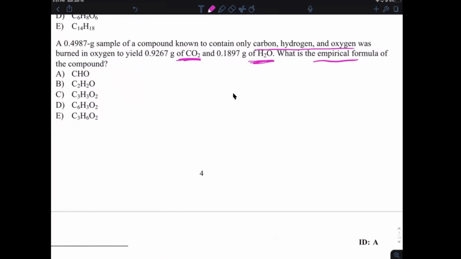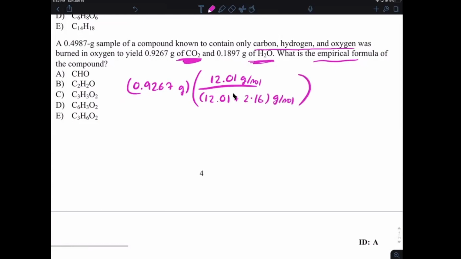So knowing that, we just have to take 0.9267 grams and then multiply it by the mole fraction, which is how much carbon there is in CO2. So how do we find that? We just do 12.01 grams per mole, and then here is 12.01 plus 2 times 16 grams per mole.